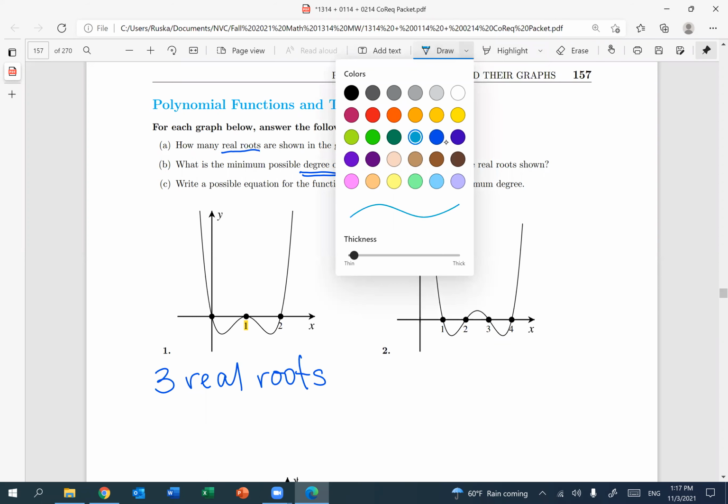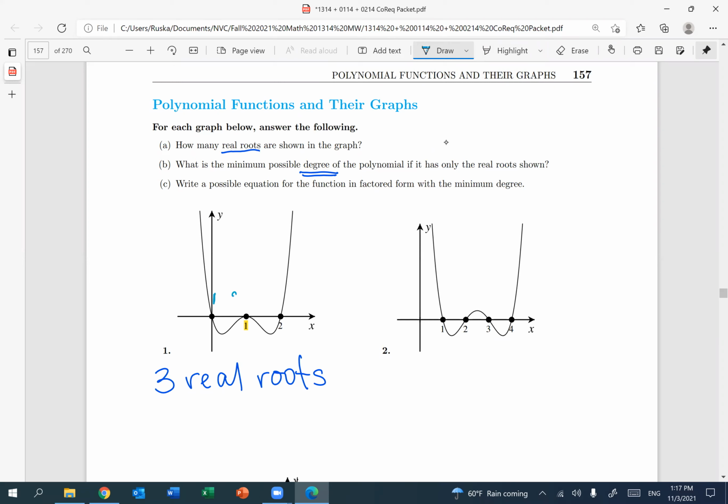So you have 1 degree, 2, 3, 4. So the degree is going to be 4. Everybody understand that? So if you cross the x-axis, you have 1 factor. If you bounce off the x-axis, that means you have a square. The factor is squared.